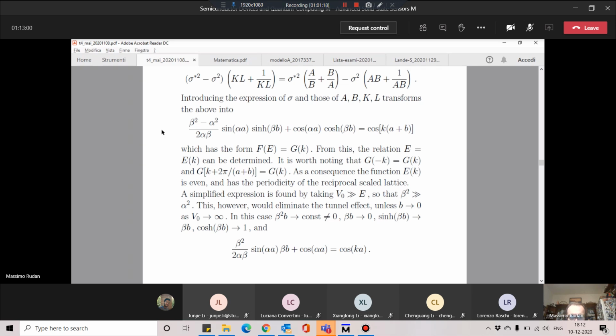You may start connecting with some information that I gave you when we were talking about the semiconductor bands.